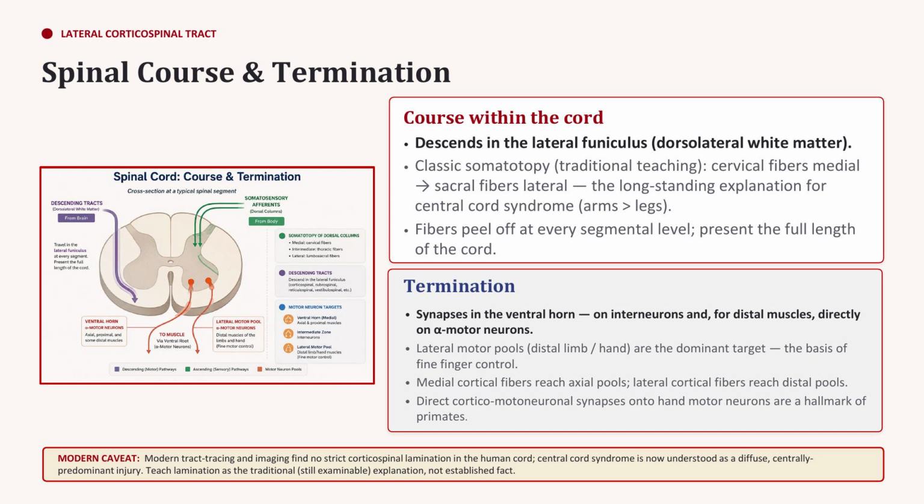For most muscles, the synapse is onto interneurons, but for the distal limb, especially the hand, corticospinal axons synapse directly onto alpha motor neurons. These corticomotor-neuronal connections are a primate specialization and are the anatomical reason humans can move individual fingers independently. The tract preferentially targets the lateral motor pools that drive distal musculature, while medially placed fibers reach axial pools. When this tract is lost, it is precisely that fine, fractionated distal control that disappears first and recovers last.